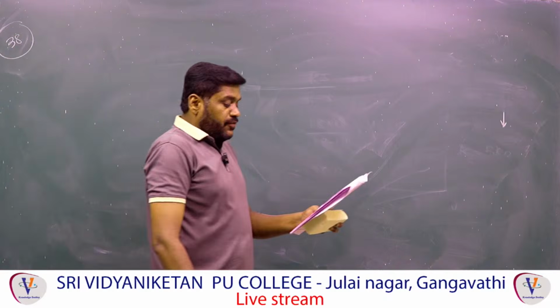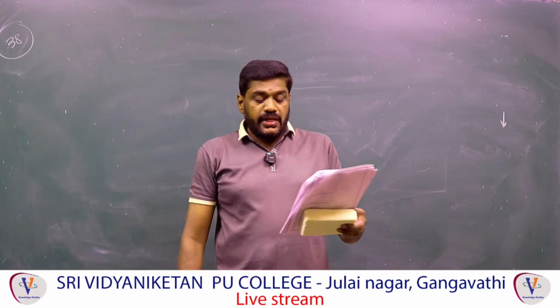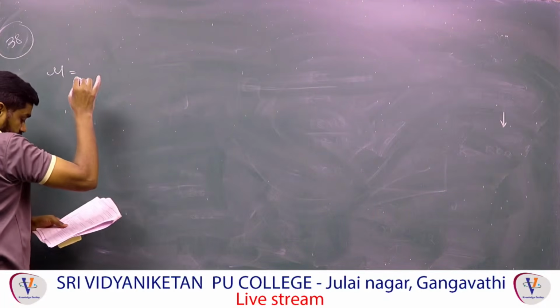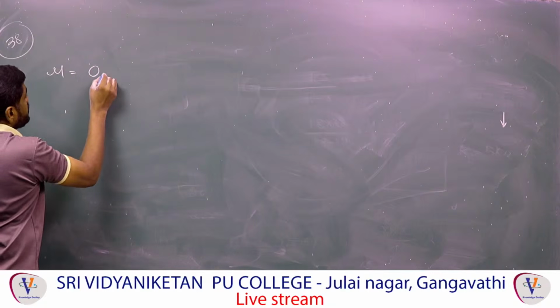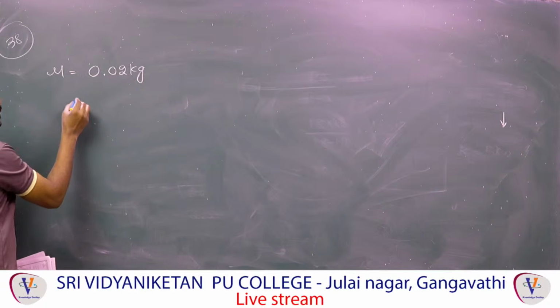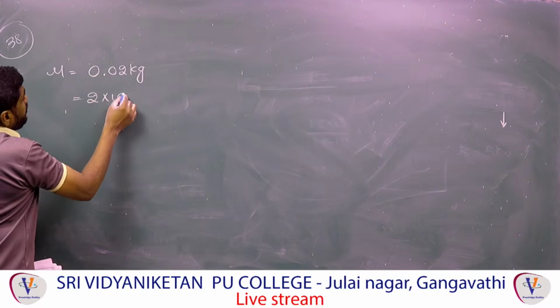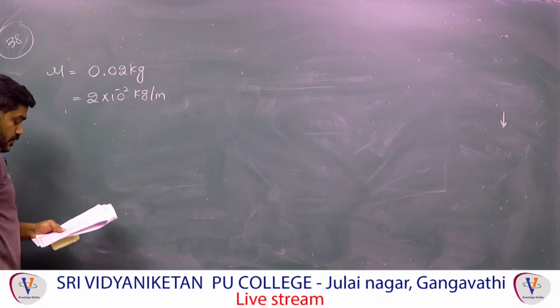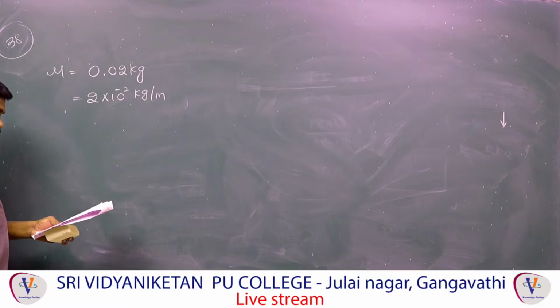The equation of a transverse wave on a string having linear mass density mu is given. Mu is equal to 0.02 kg, or you can write it as 2 into 10 power minus 2 kg per meter. Omega value we have to find out, V value also we can find out.